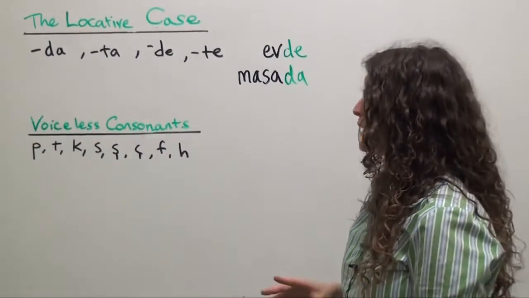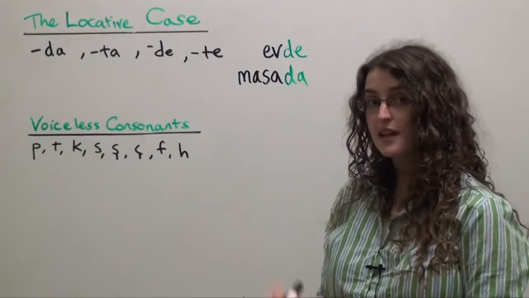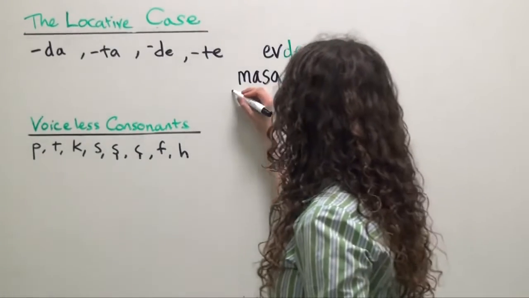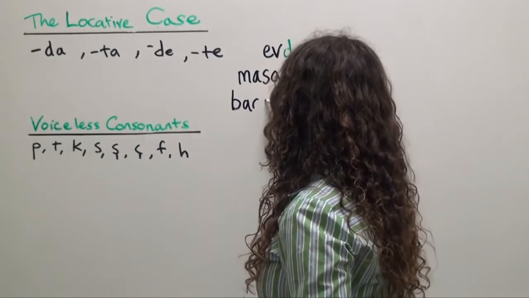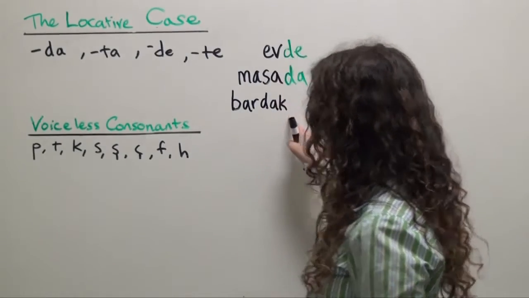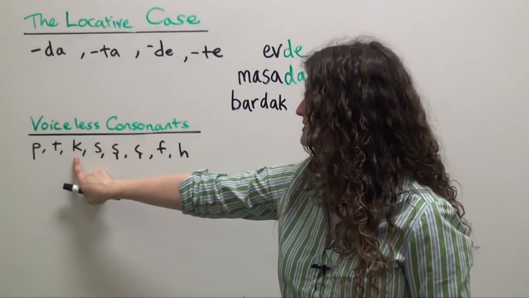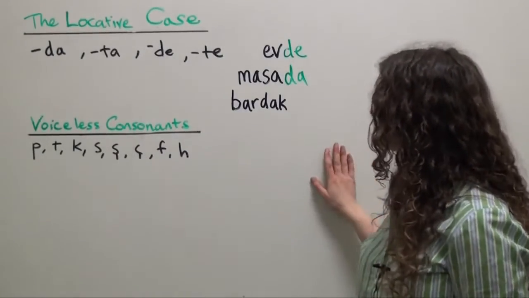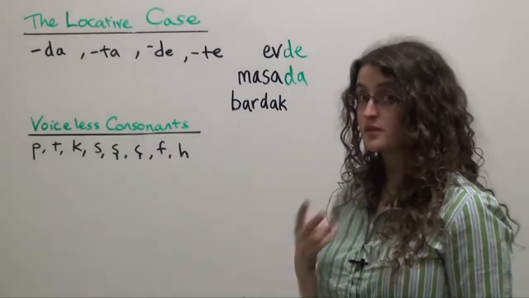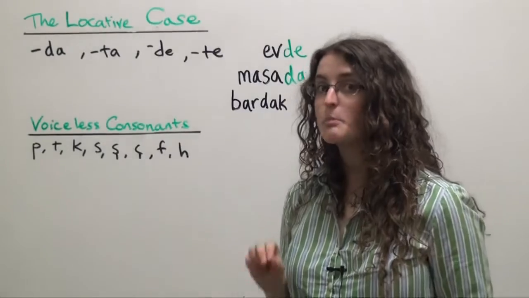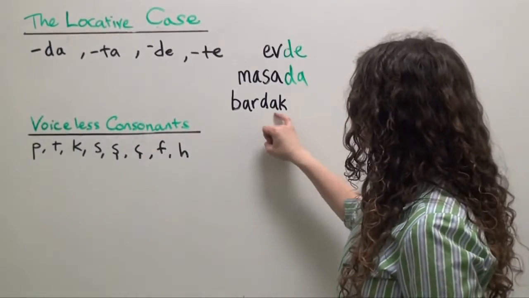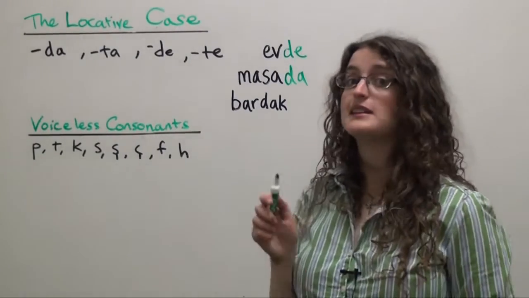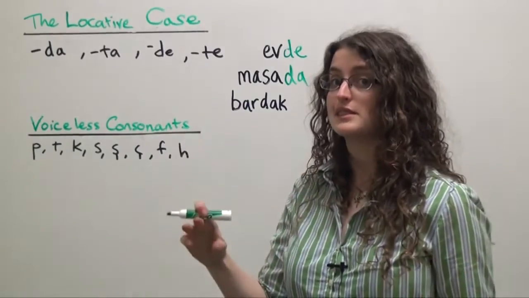So, in other words, if you have a noun that ends in a voiceless consonant, like for example the noun bardak, a glass, ending in k, one of our voiceless consonants, you're going to choose a version of the locative case ending which not only agrees with bardak in terms of two-way vowel harmony, but which also begins with a voiceless consonant because bardak ends in a voiceless consonant. This may sound slightly complicated. It's actually very simple, and you'll see it's easier to say this way.